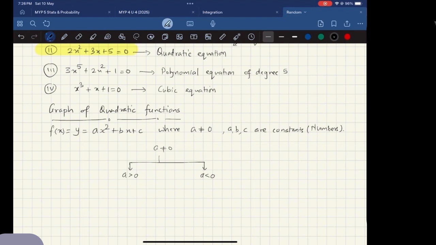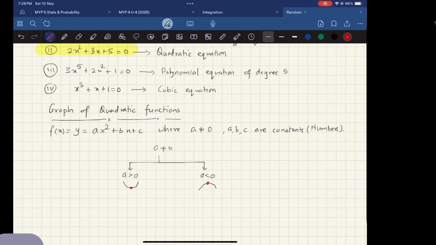A positive person is mostly smiling, and a negative person is mostly sad. A positive person has minimum problems. A negative person comes with a lot of problems, isn't it?